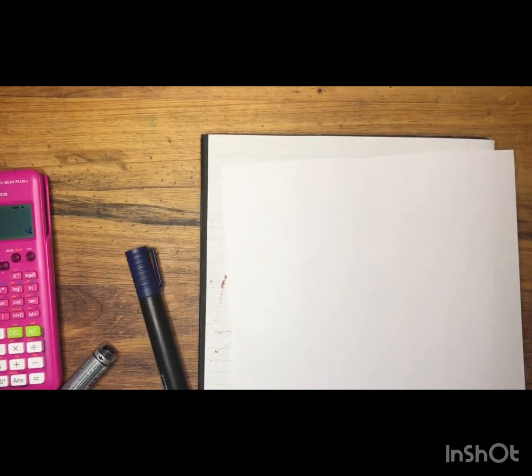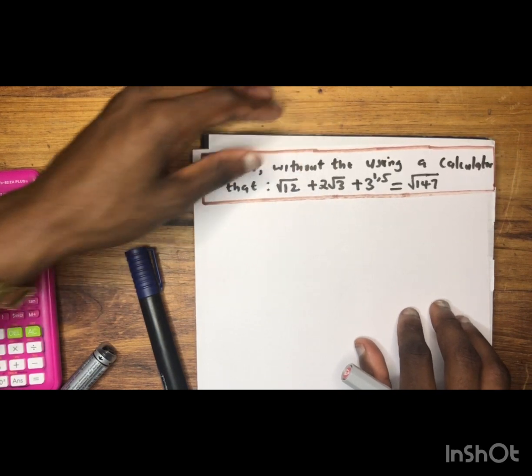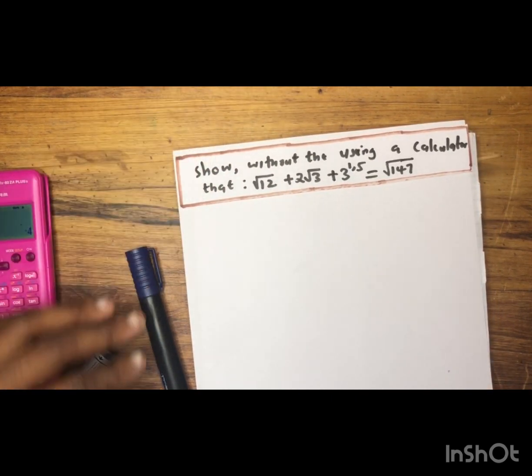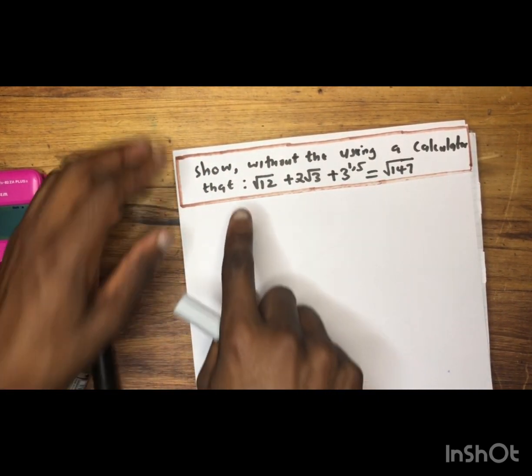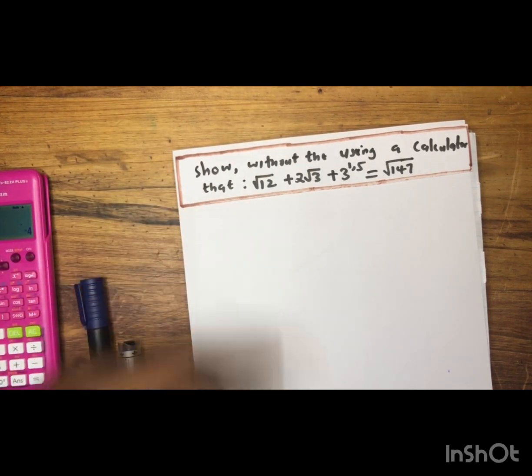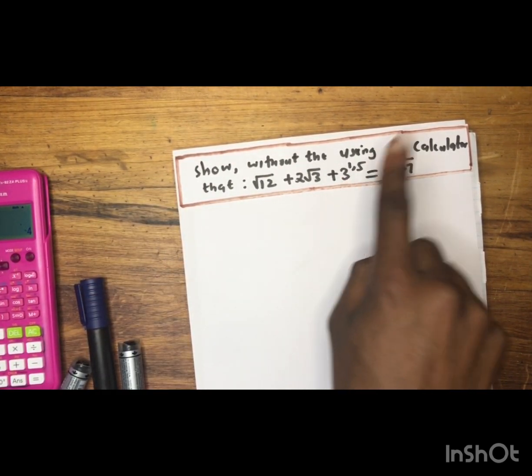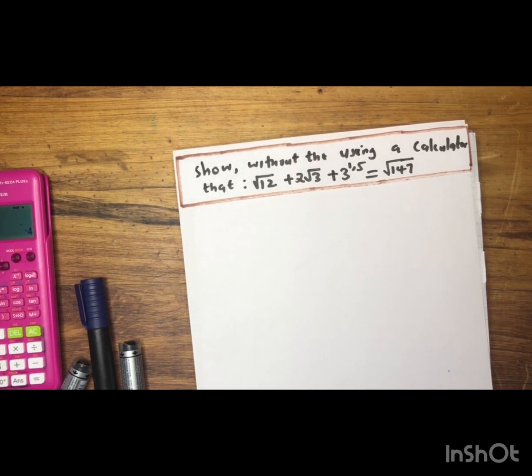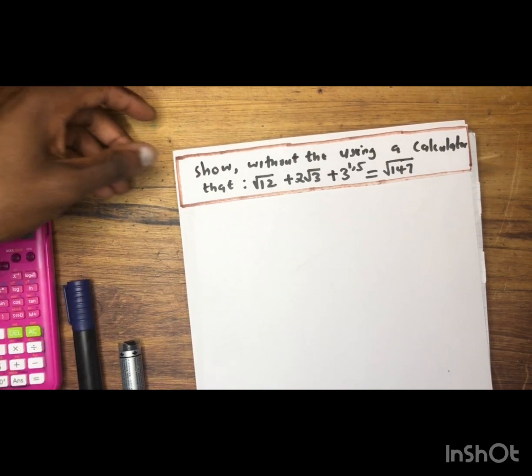This question, you can pause the video and try to attempt these questions on your own. So we're given this question. They say show without using a calculator again that root 12 plus 2 root 3 plus 3 to the power 1.5 equals root 147.